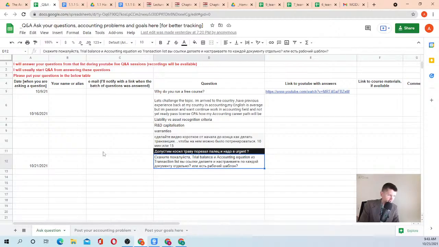And the answer is that the idea of the course is that I will do that in my file, and you will repeat that in your file. That way you will learn some formulas and you will practice the concepts more.